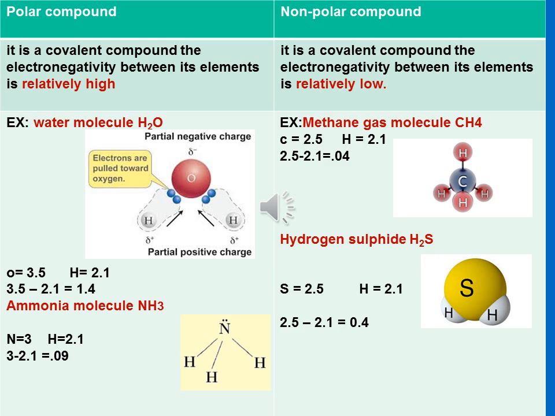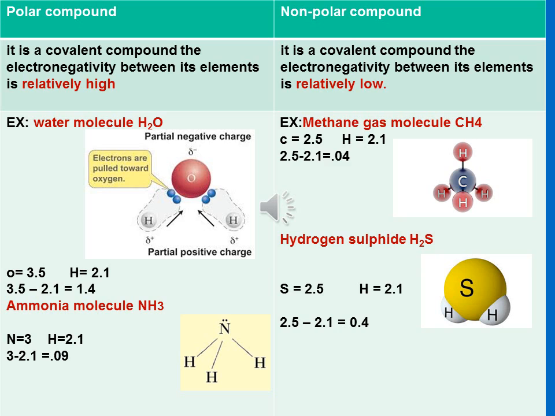Okay, in polar compounds, the examples we have are the water molecule and the ammonia molecule. First, the water molecule. The water molecule consists of two hydrogen atoms and one oxygen atom, H2O. So it has one oxygen and two hydrogen. The electronegativity of oxygen is 3.5 and the electronegativity of hydrogen is 2.1.